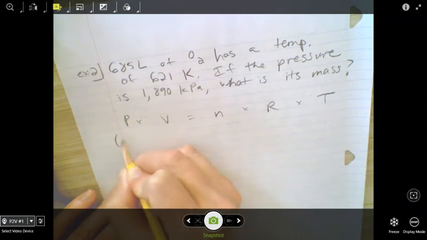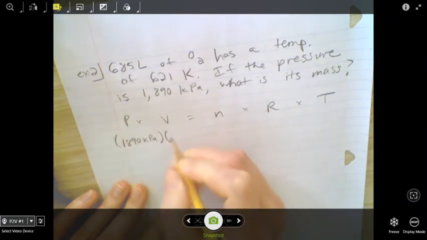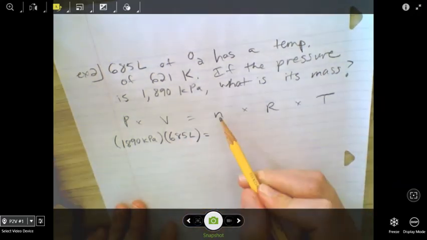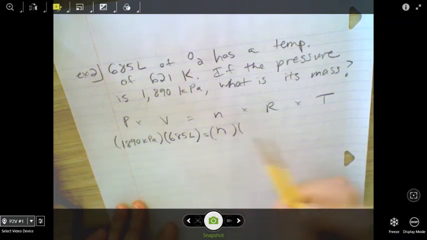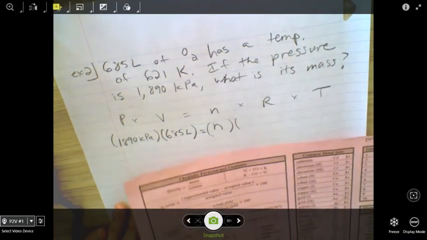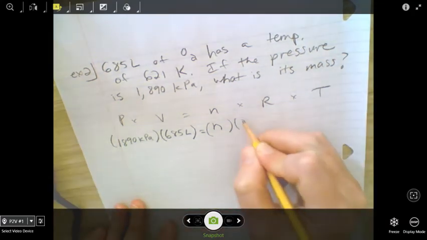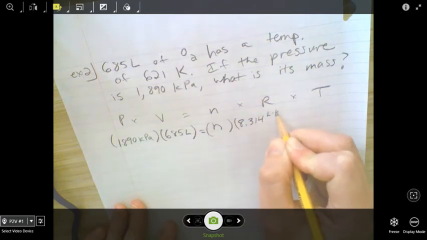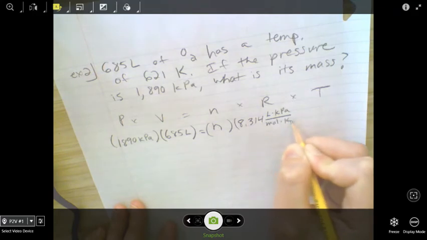So the pressure is 1890 kPa. The volume is 685 liters. The moles we don't know, so we're going to solve for moles. The R, again, we're using the value for R that has kPa, so it's 8.314 liters kPa per mole Kelvin.